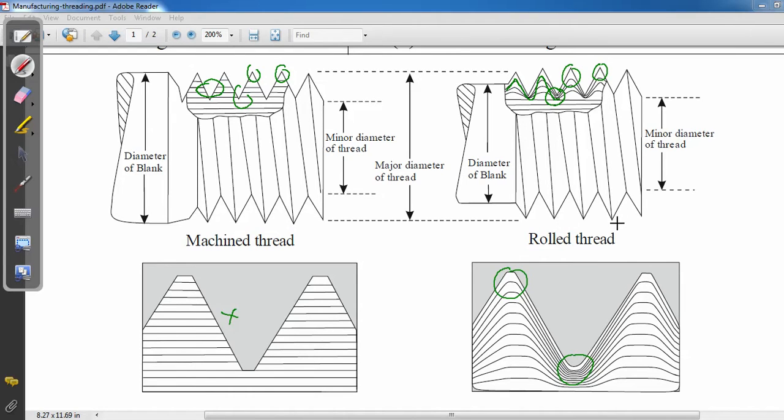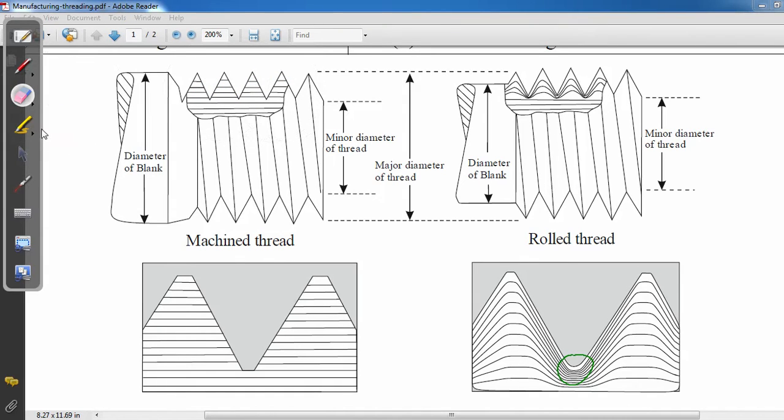So this process is stronger than the machining process, because critical points in the machined thread are known as stress raisers, where maximum stress will arise and the component will be more prone to fatigue failure. So the thread rolling process produces stronger threads than machined parts, that is this one.